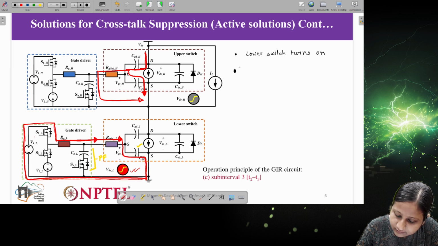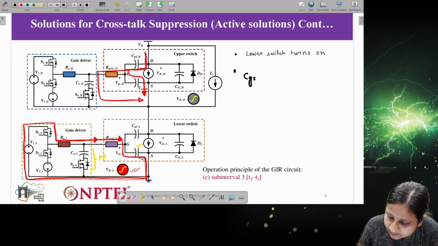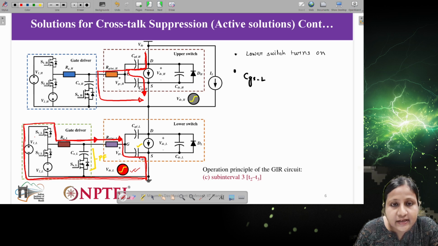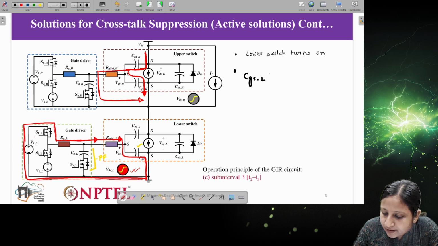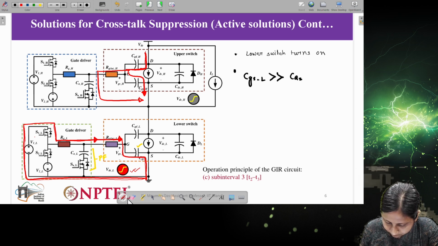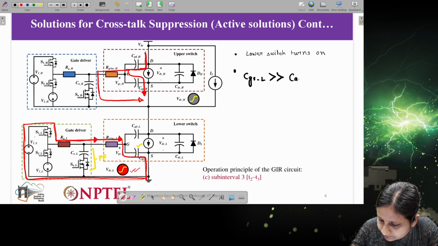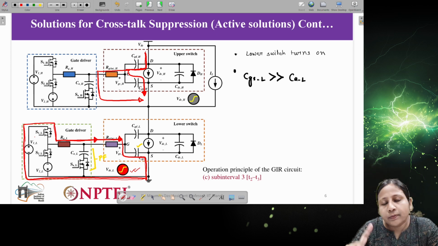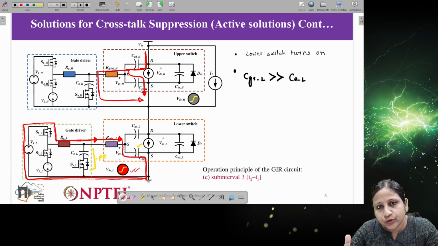So this CGSL here will be much larger than the net capacitance coming from CAL, that will be coming in parallel with either the switch or the diode capacitance, and that will be very small.